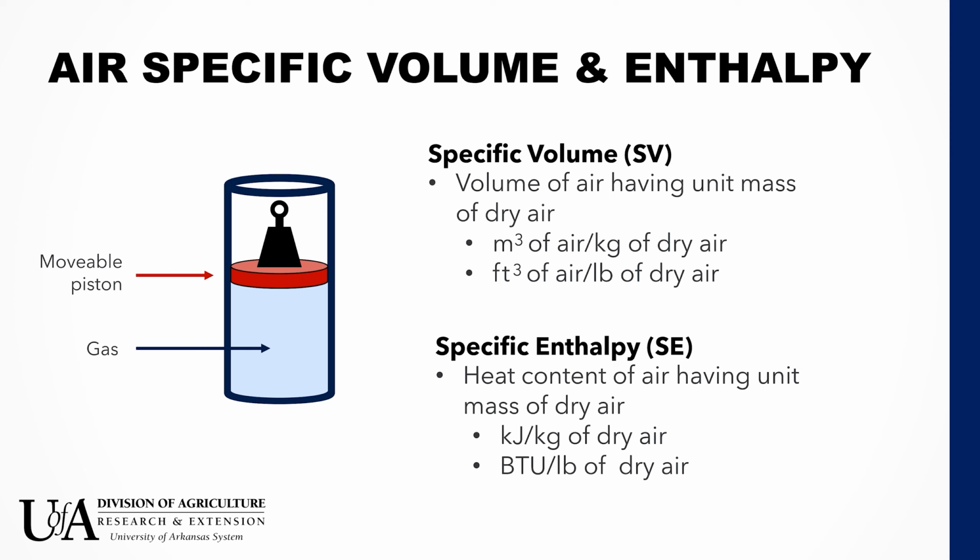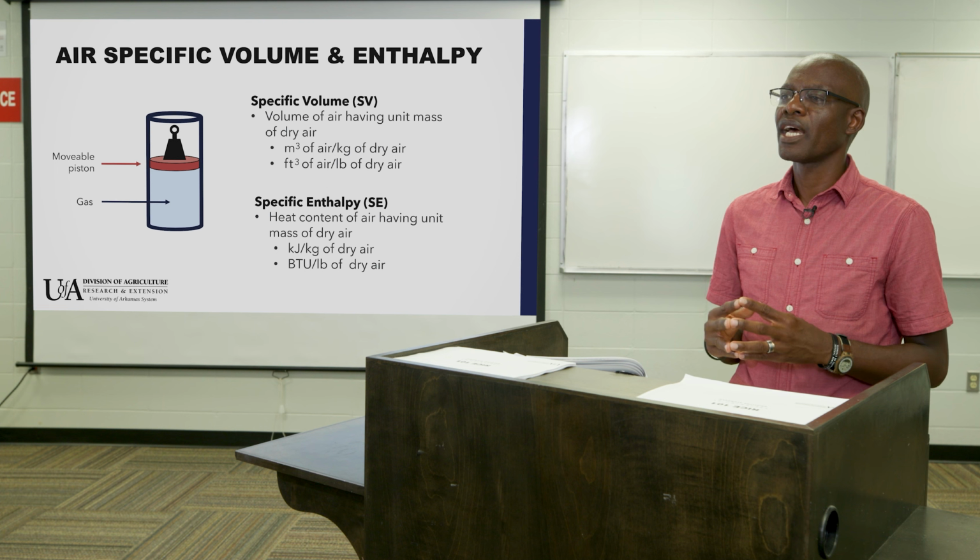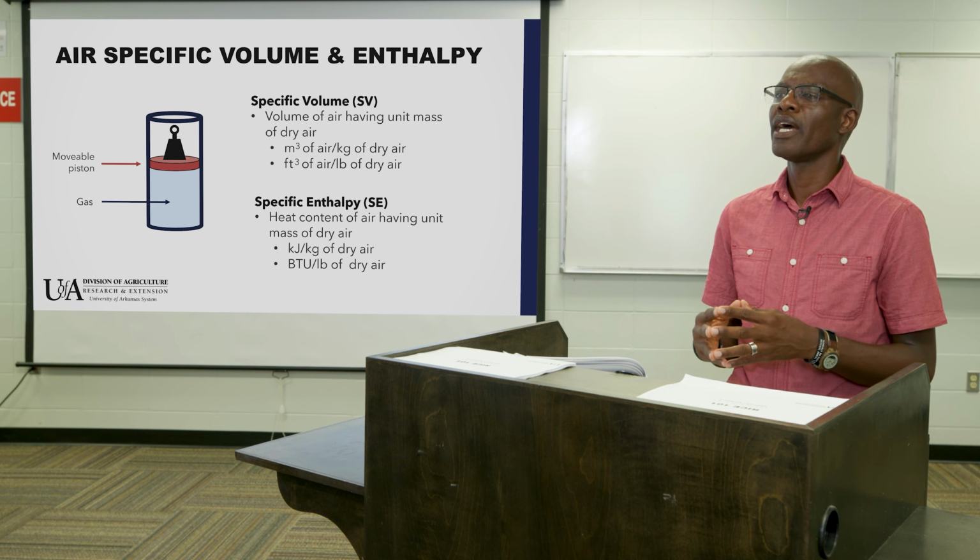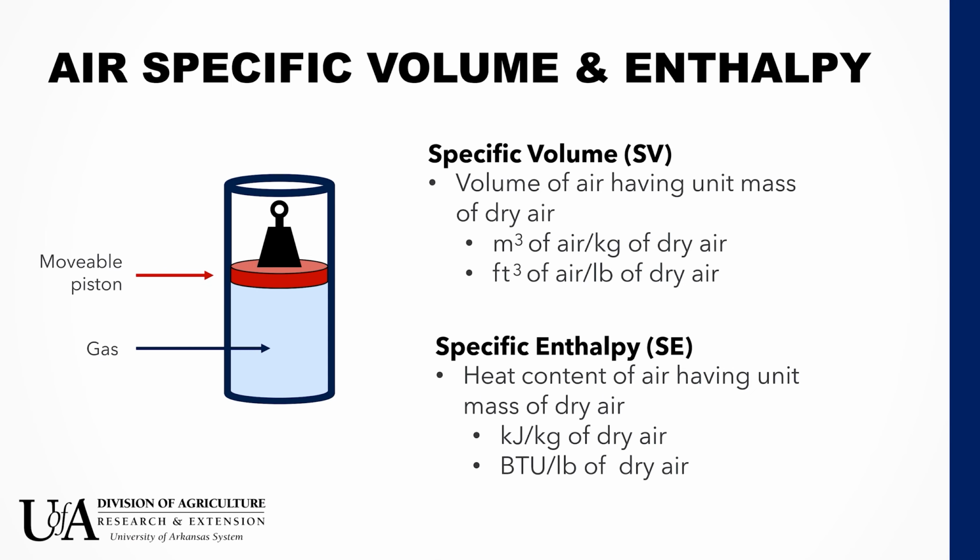So typically, the specific volume is the volume of that air per unit mass of dry air. And the units are meters cubed of air per kilogram of dry air, or feet cubed of air per pound of dry air. And the specific enthalpy associated with that can also be described as the heat content of air per unit mass of dry air. And the unit associated with that is the kilojoule per kilogram of dry air, or the BTU per pound of dry air.